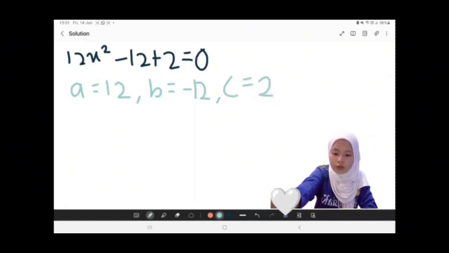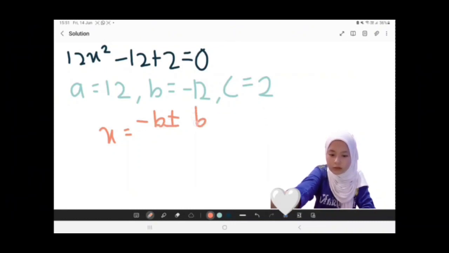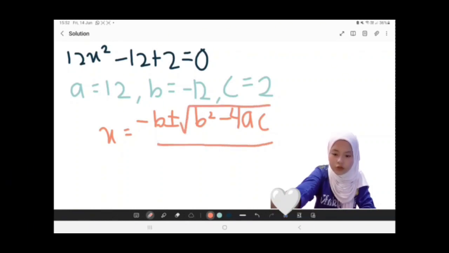So we need to use this formula, which is x equal to negative B plus minus square root of B squared minus 4AC, and we must divide by 2A.